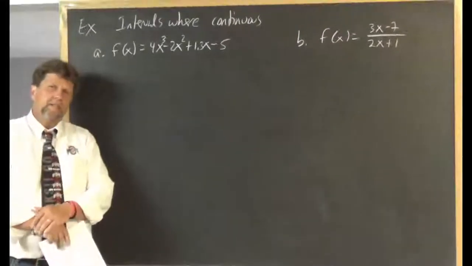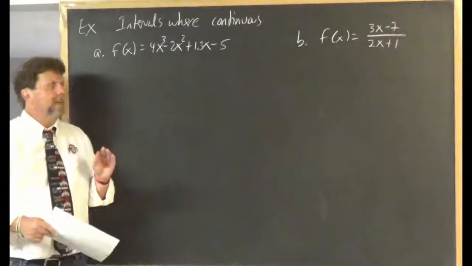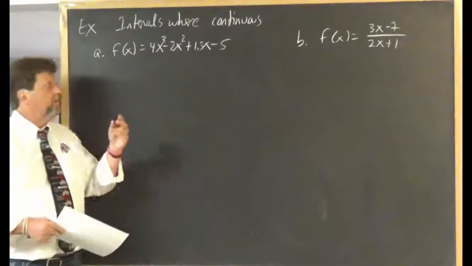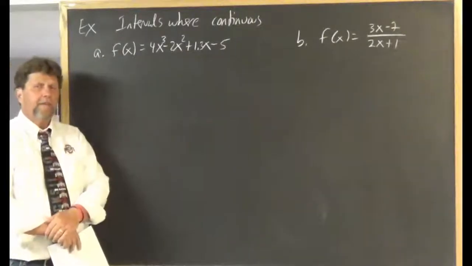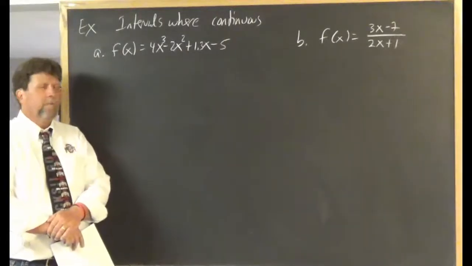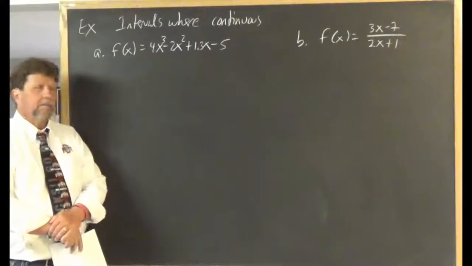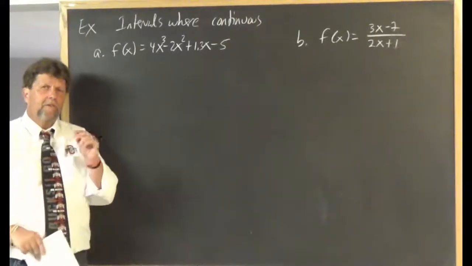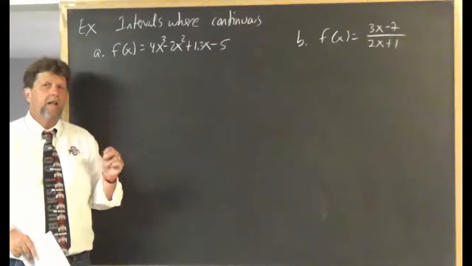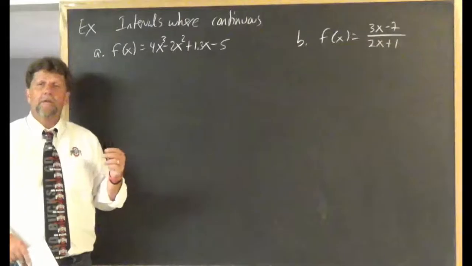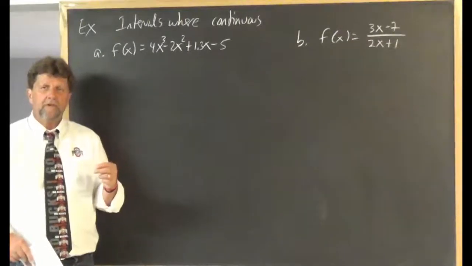All right, folks, in this example, we were asked to determine intervals where the function is continuous. So in part A, we were given the function f of x equals 4x cubed minus 2x squared plus 1.3x minus 5. The first thing I notice is that's a polynomial function. It has a degree of 3. That's just bonus information.